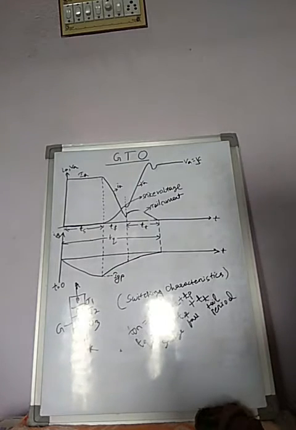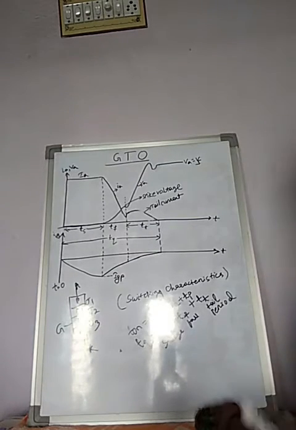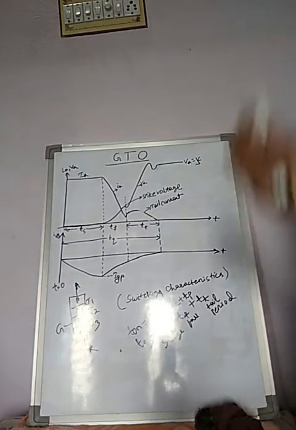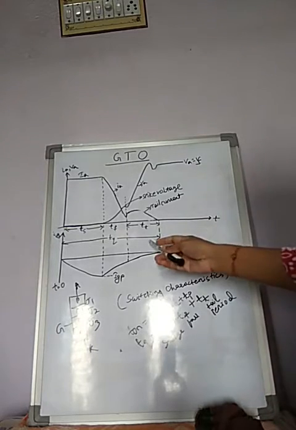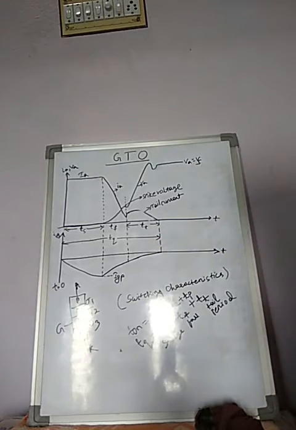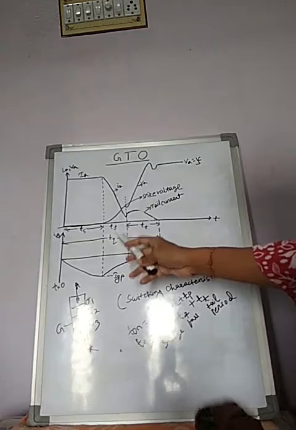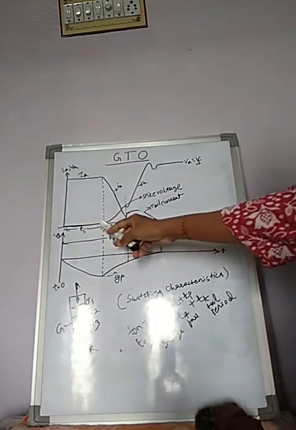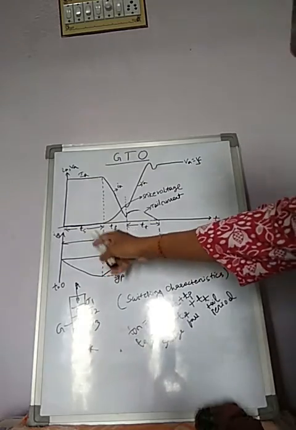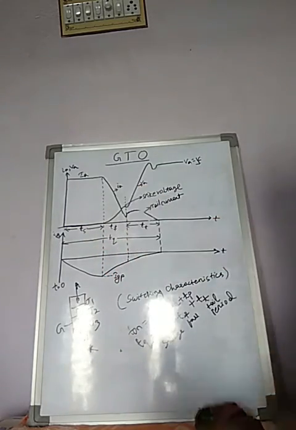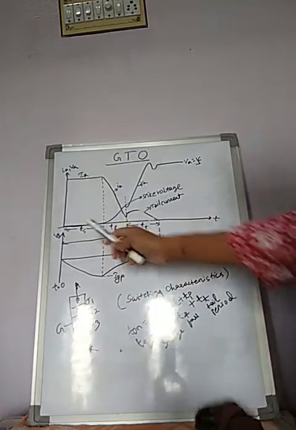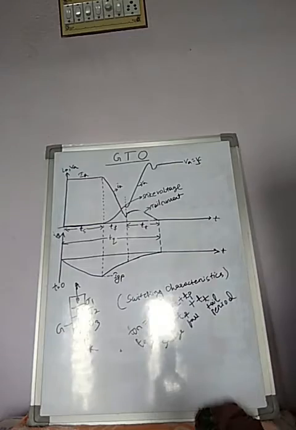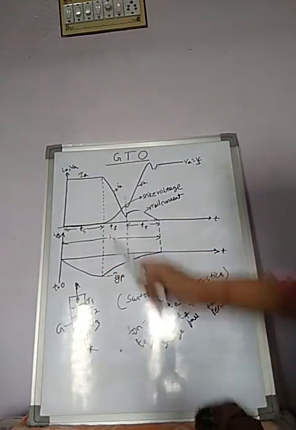The next is, at the time t equal to TS plus TF, that means the storage time and the fall time. Spread time is under the turn on mechanism; here we studied the turn off mechanism. Here TS is the storage period, TF is the fall period.